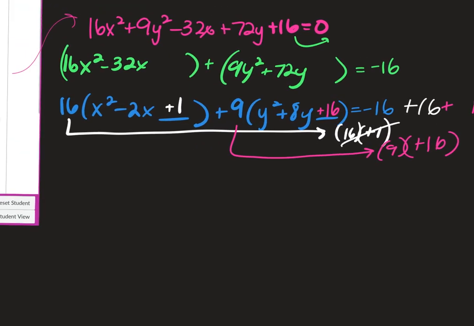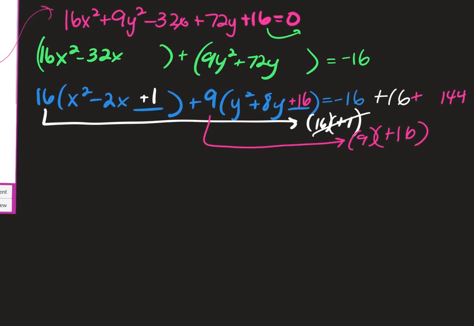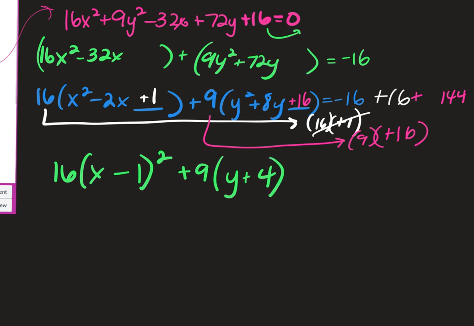Now on the left-hand side, I have perfect square trinomials, so I'm going to factor them. 16 stays on the front. Square root the first term, square root the last term, take the sign from the middle, put it in parentheses and square it. 9 stays on the front, square root the first term, square root the last term, take the sign from the middle, put it in parentheses and square it.